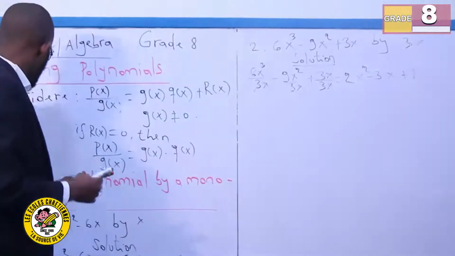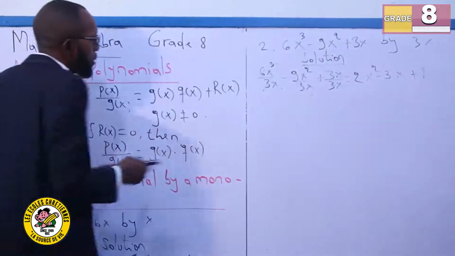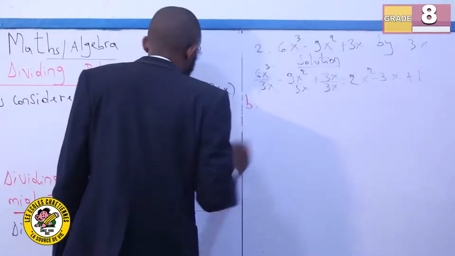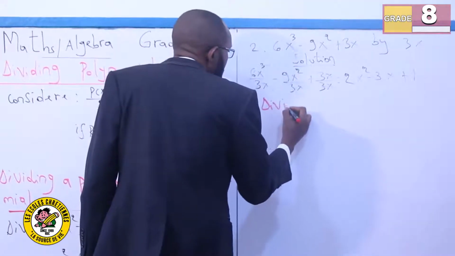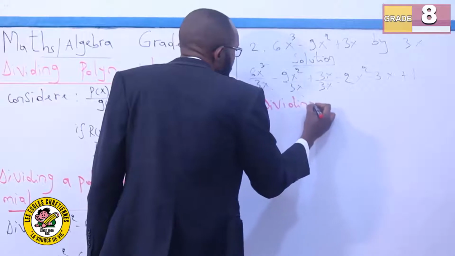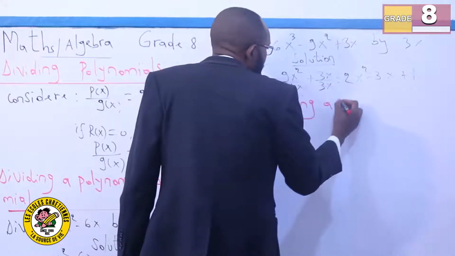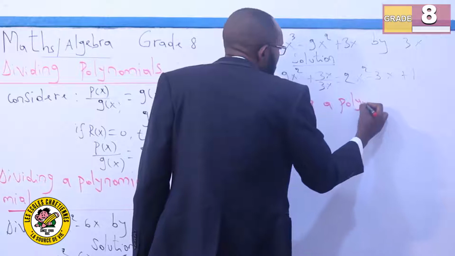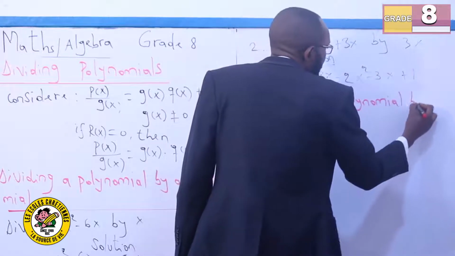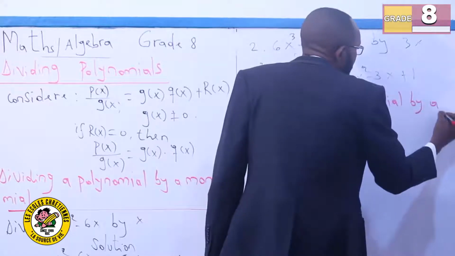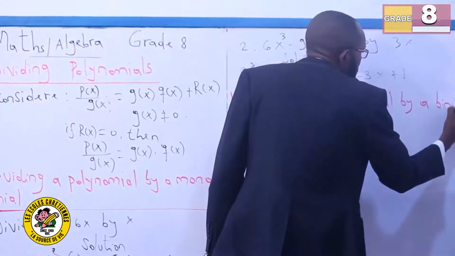Now we go to point B: how to divide a polynomial by a binomial.